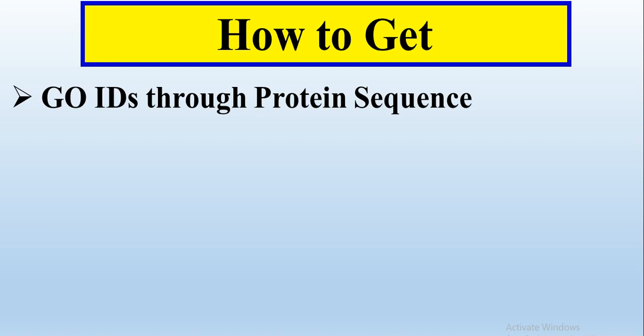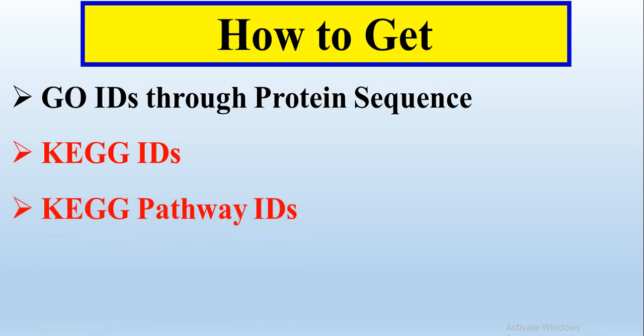Then the KEGG IDs that the genes or gene family have, and also the KEGG pathway ID, showing which pathway these genes or your gene family are involved in. So how can we get them?